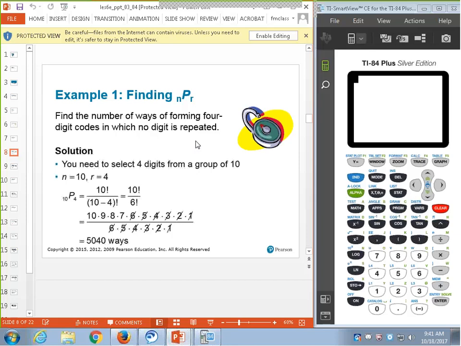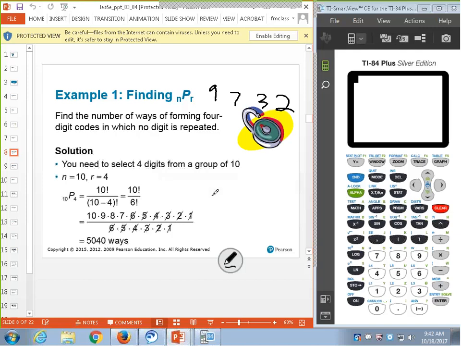Finding the number of ways of forming a 4-digit code in which no digit is repeated. And we'll assume we've got the digits 0 through 9, which are 10, right? Now, first of all, does order matter? Let's say your code is, I don't know, you pick the numbers 9, 7, 3, and 2.